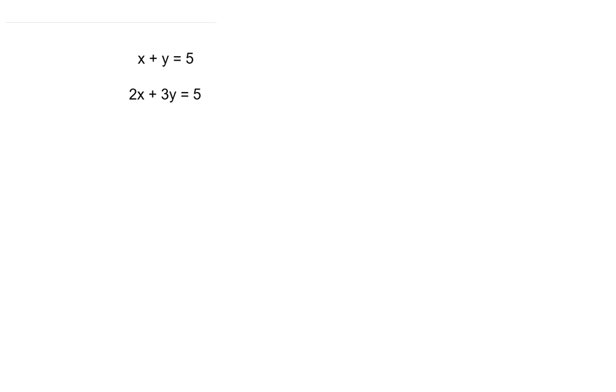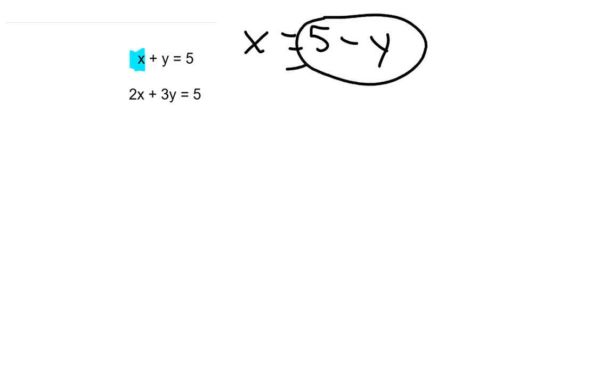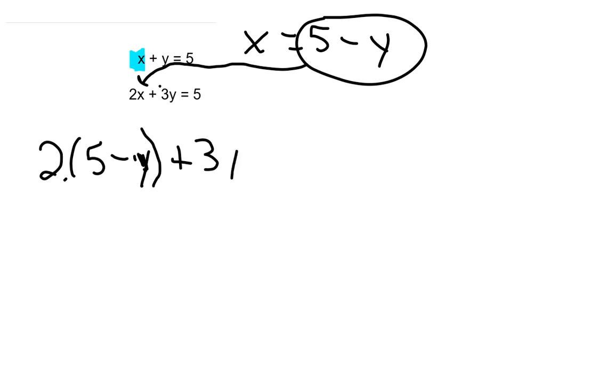First thing I've got to do is solve for one of my variables. In this case, I'm just going to solve for x. So I'm going to get x alone. To get x alone, I'm going to subtract y from both sides, which will leave me with x equals 5 minus y. I'm going to plug this 5 minus y in for x in my second equation. So I now have 2 times 5 minus y plus 3y equals 5.